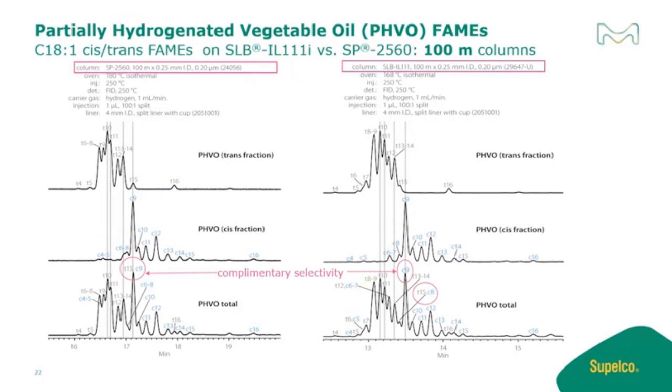And as you can see, it's fairly complementary in terms of the selectivity. The SP2560 has been the standard column since 1984 for performing this analysis, but we believe the SLBIL111, with its unique selectivity, does offer some potential differences and can be used as a complementary column for the separation of these fatty acid methyl esters or positional geometric FAME isomers.